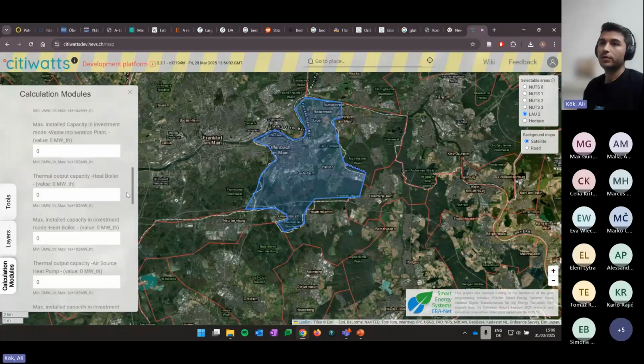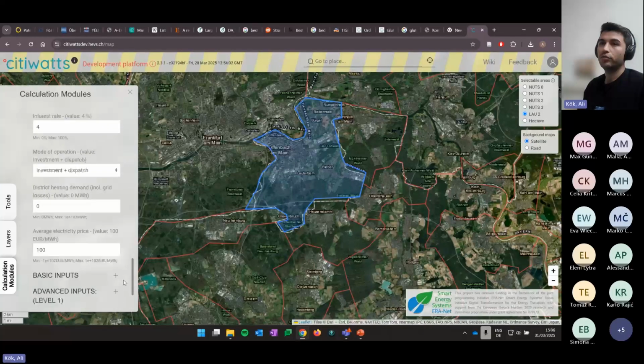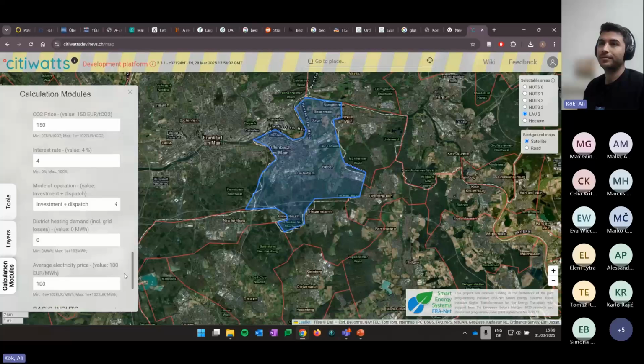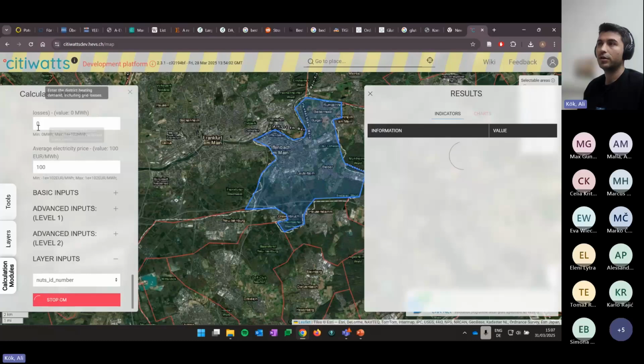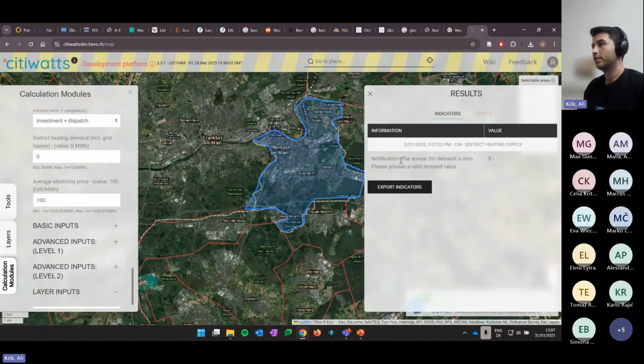The most important one, if you run the model on your own without any outputs from previous models, is that you need to give a district heating demand here. If you don't and run the model, you will get an error saying that you need to provide a valid district heating demand.